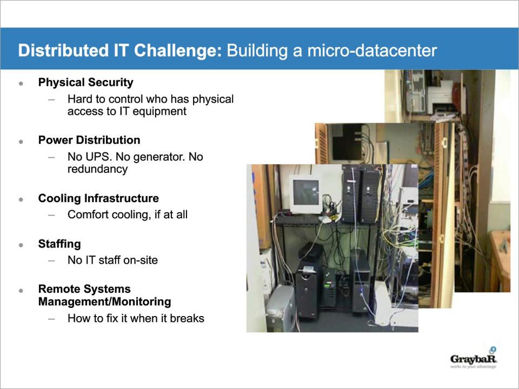Just not easy. And again, going back, especially in mid-size and small companies, it's usually the IT person who's in charge of this. And the IT person, well, he's an IT person. He doesn't know much about UPSs or about physical security. He doesn't know much about cooling, right? So it becomes a challenge for that person, and we end up with a lot of things that are not ideal, right?